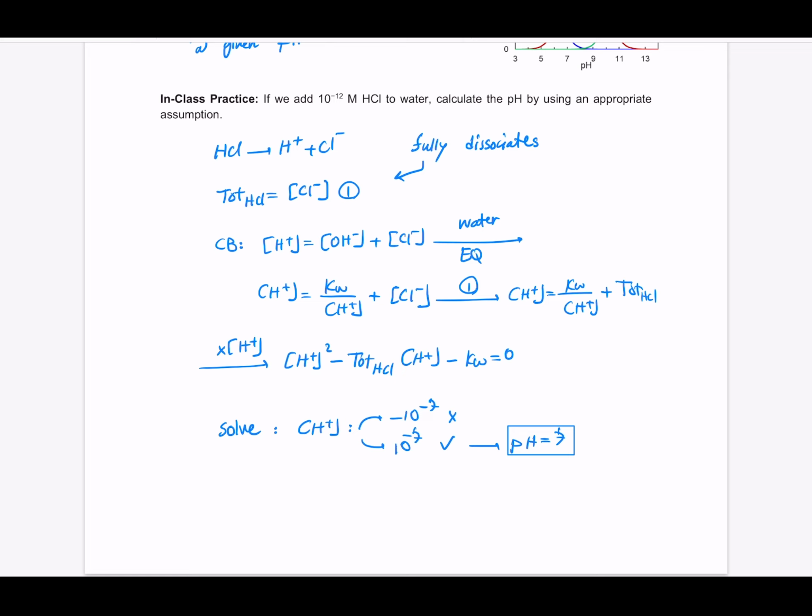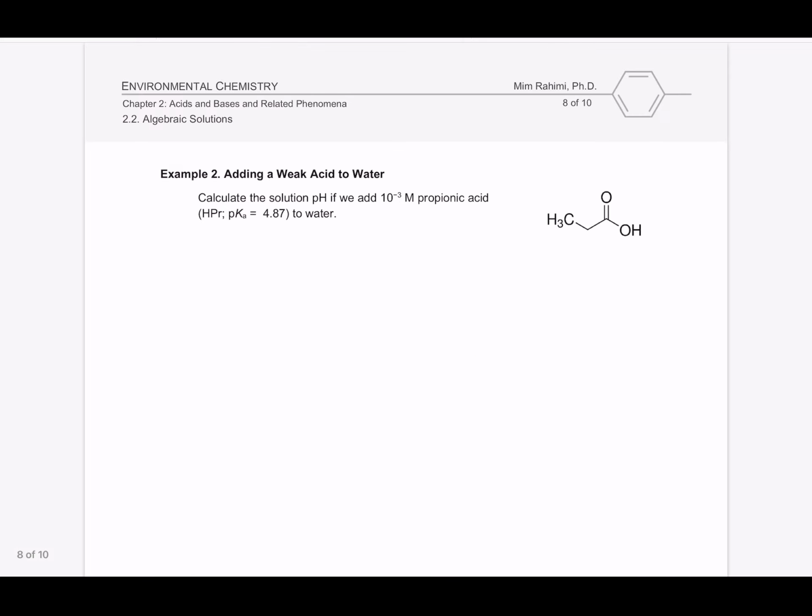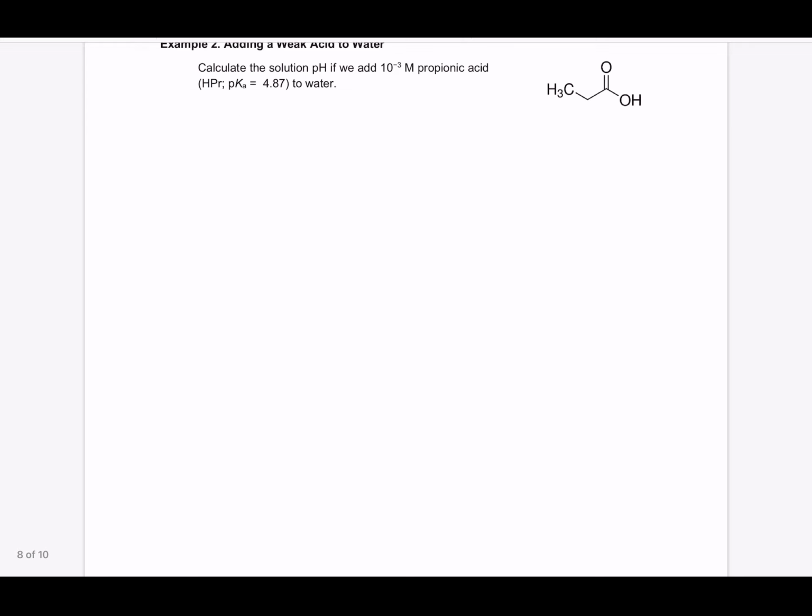So that was a good starting point for talking about weak acid, where the calculation is a little bit more involved. Strong acid is pretty straightforward. Weak acid is a little bit less intuitive compared to strong acid, but the basics of calculation would be the same here. As always, we do that charge balance, mass balance, and all the equations.